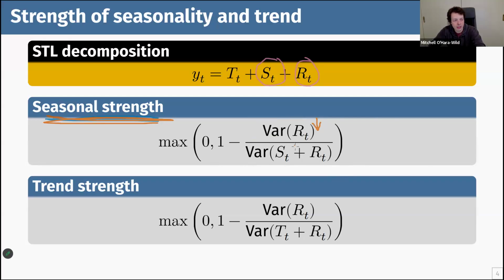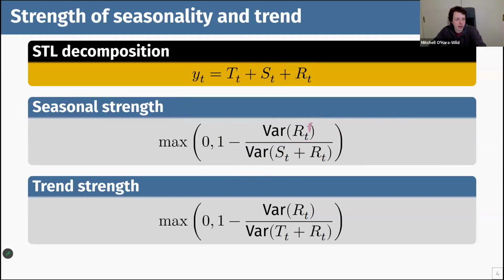So if our random bits is very small and our seasonality has a very high variance, then this ratio will be approximately equal to 0. So 1 minus 0 will be equal to 1. So having a high seasonal variation and a low random variation will give us a strong seasonal strength, close to 1. Let's also imagine the opposite of this.